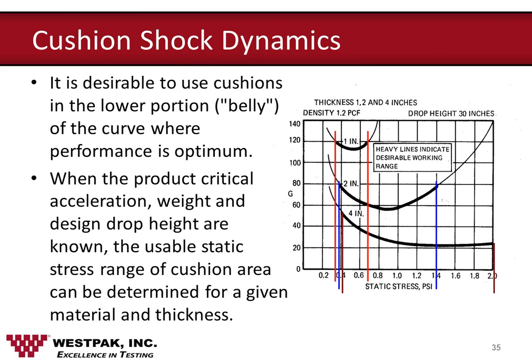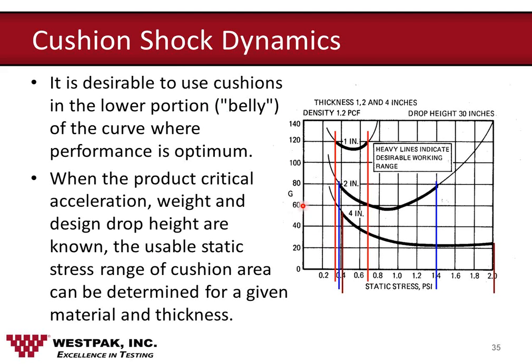It was mentioned earlier that the most desirable place to load a cushion is at the so-called belly of the curve. Presented in this way, the cushion curve gives a very good indication of exactly what thickness of cushion is necessary and the proper loading on that cushion in order to give the desired protection level for the product with a known fragility.